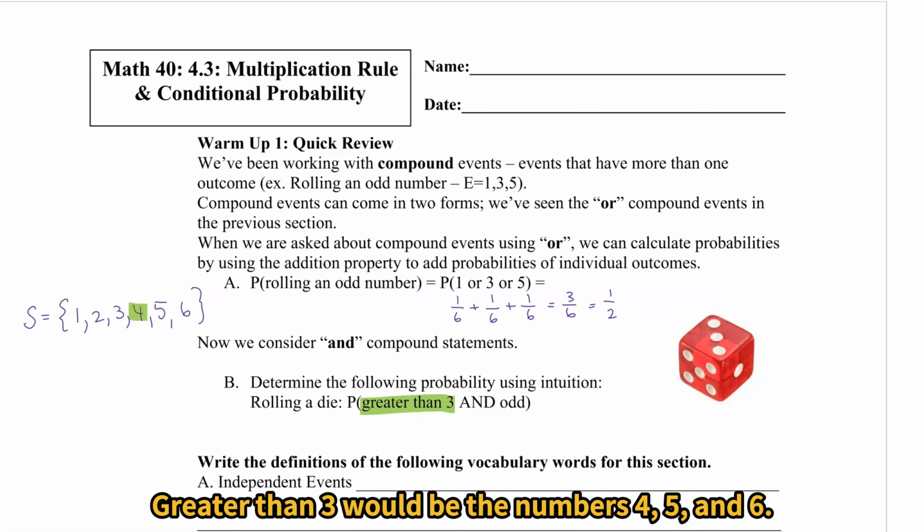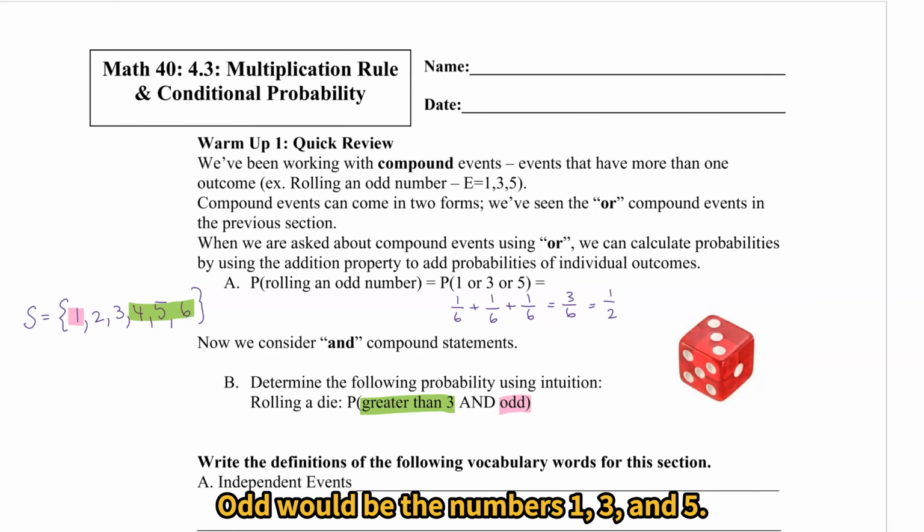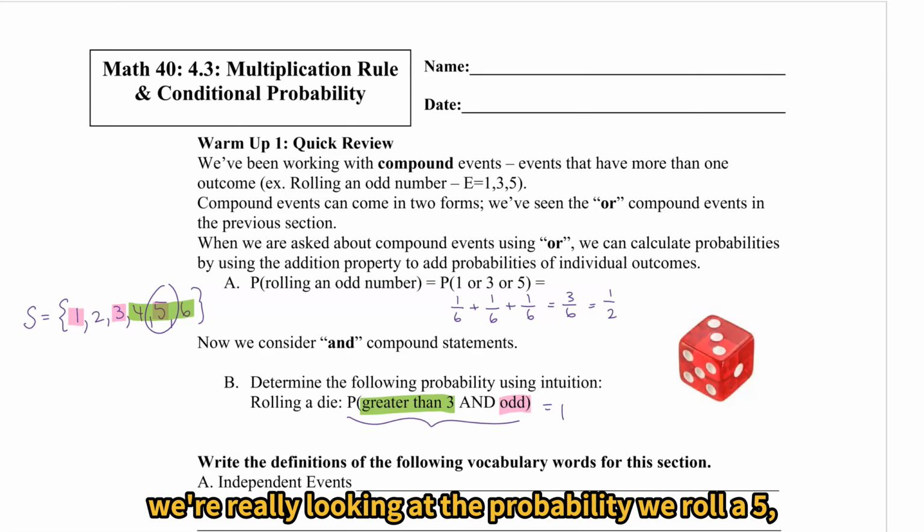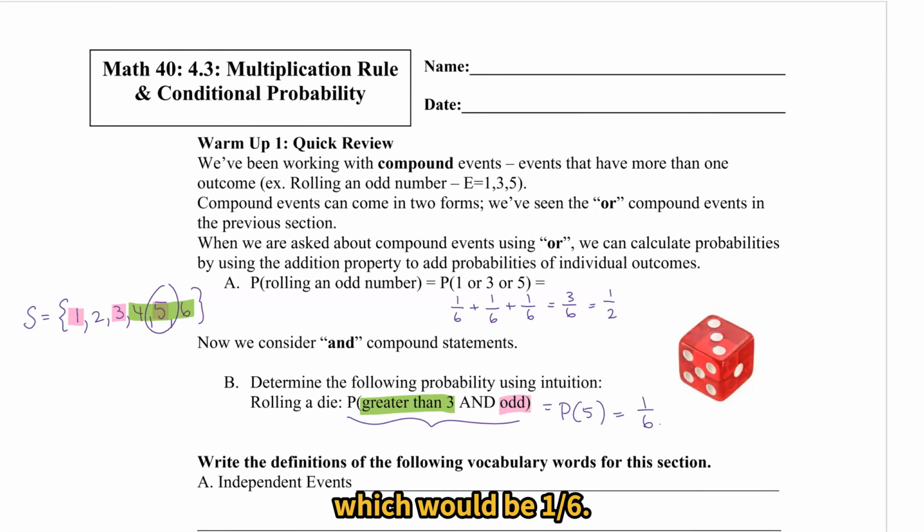Greater than 3 would be the numbers 4, 5, and 6. Odd would be the numbers 1, 3, and 5. Which number in the sample space satisfies both greater than 3 and odd? 5 does. So we're really looking at the probability we roll a 5, which would be 1/6.